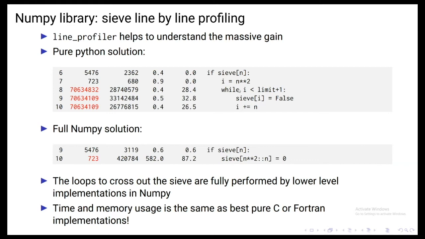So these three lines are being done by moving through the indexes of this array with the internal NumPy slice indexing method. So it's actually C code running and doing all the cross product, and that's the reason for the massive gain.